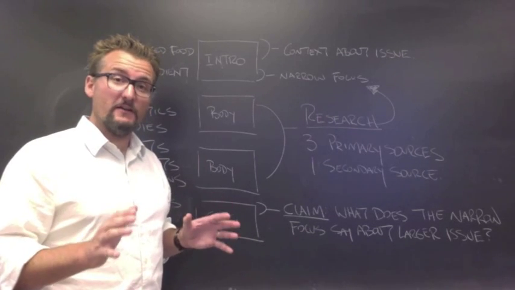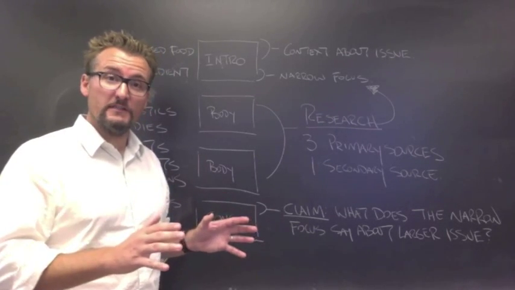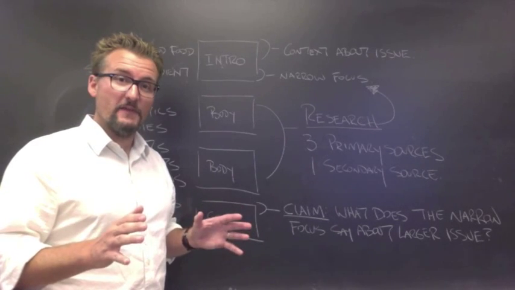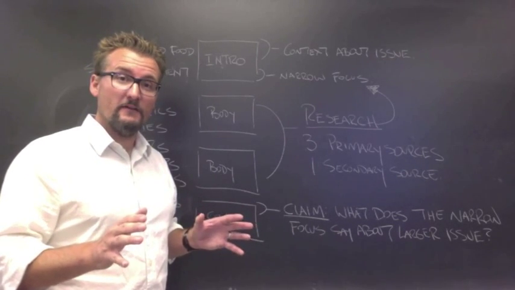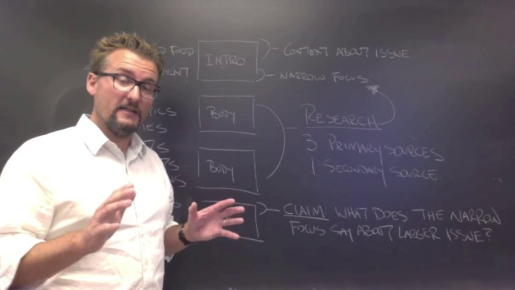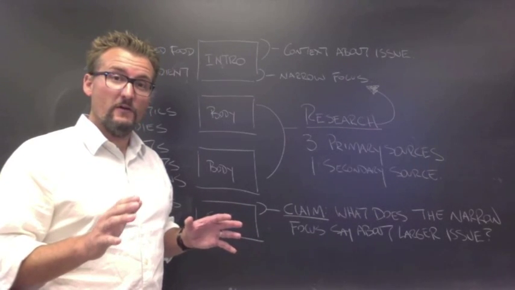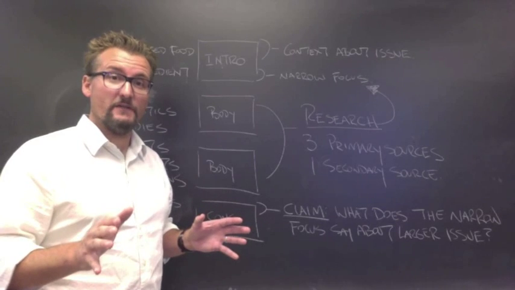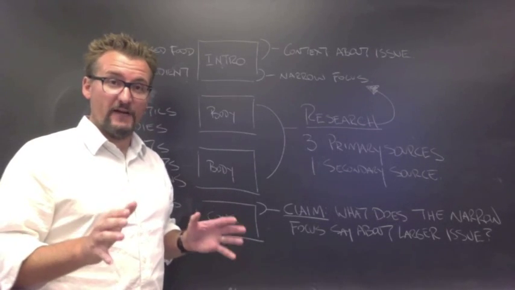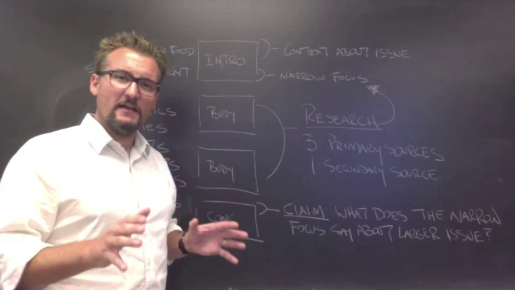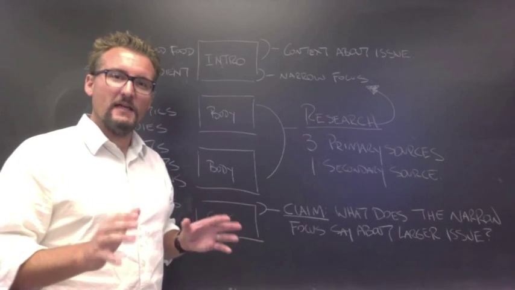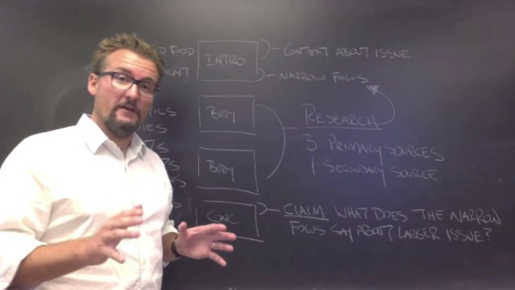So the objective here again is to move to the margins, examine something in great detail that maybe doesn't get the attention it deserves in consideration of the larger issue, and then take that in-depth study of the small slice of the issue and use it to better understand the issue as a whole.